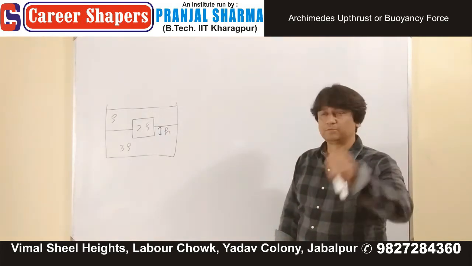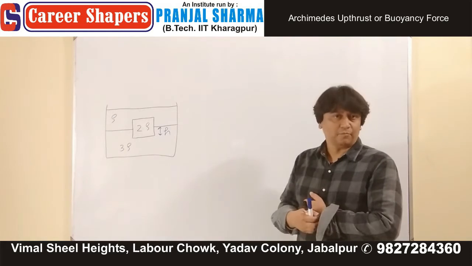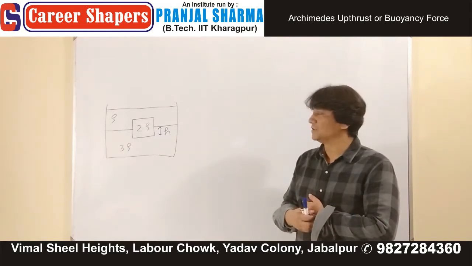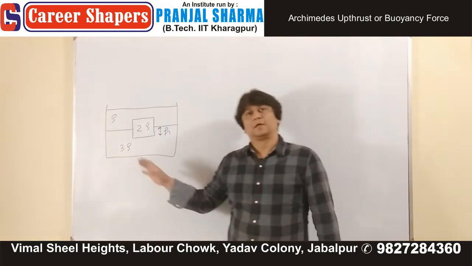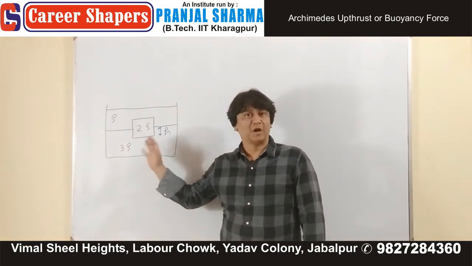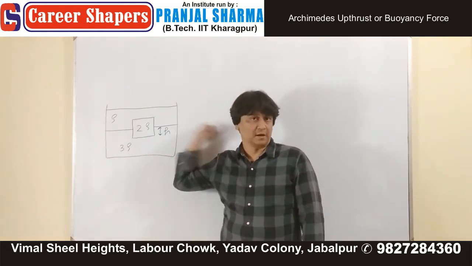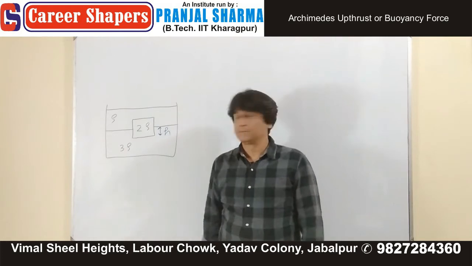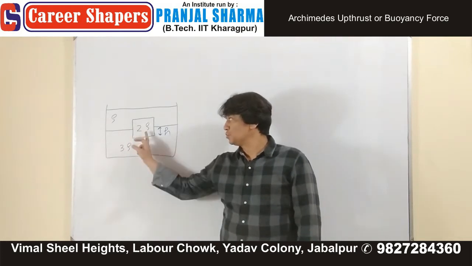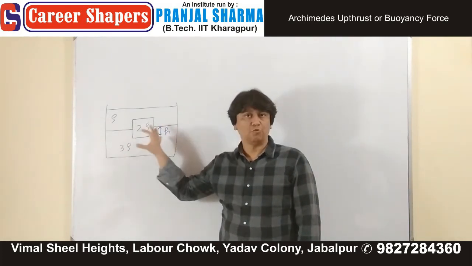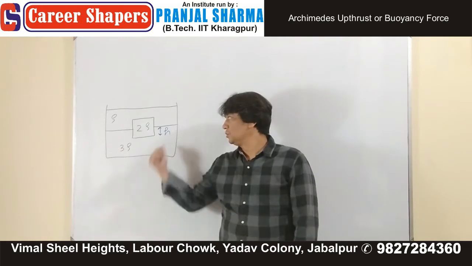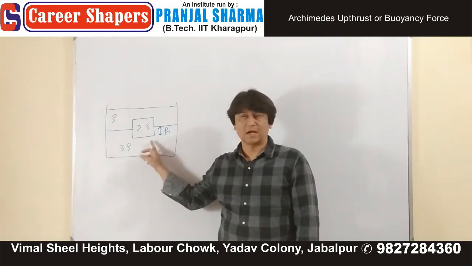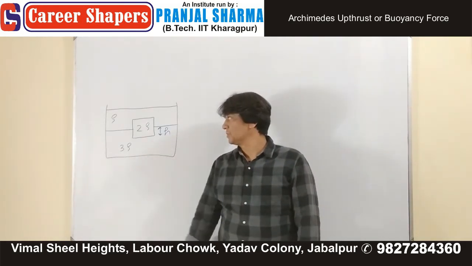Now I'll give you about 30-40 seconds. Let's see how many of you can answer this. And believe me, you can answer the question in just one line. So this is the hint. Rho, 2 rho, 3 rho. It's a cube of side length L. You need to find H, which lies inside this 3 rho.